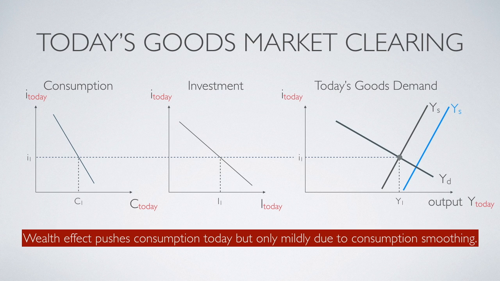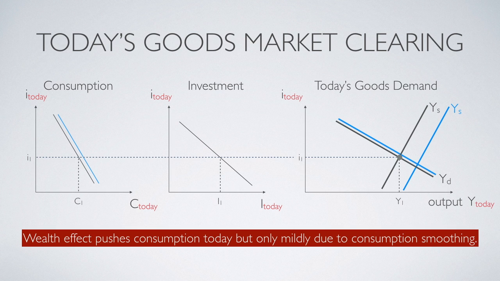But because this is temporary good news, such a wealth effect can only push today's consumption mildly. This is because of consumption smoothing, so you can see that the consumption line moves outward but very little. And because the consumption curve moves outward, the YD line will also move outward, also very little.